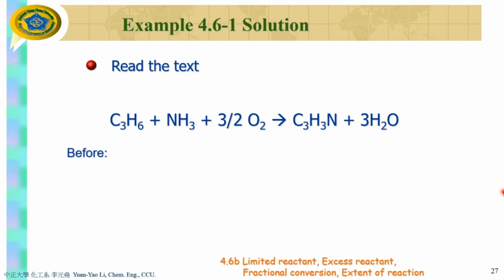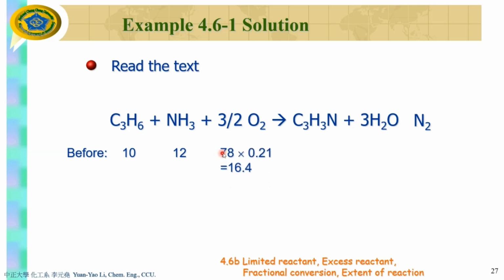Before the reaction, the basis is 100 moles. So the 10% means 10 moles, right? How about ammonia? It's 12%, that means 12 moles. And then we have 78% of the air, right?